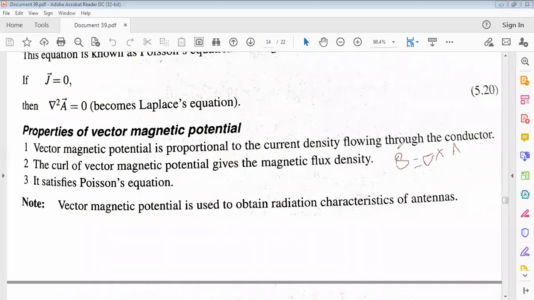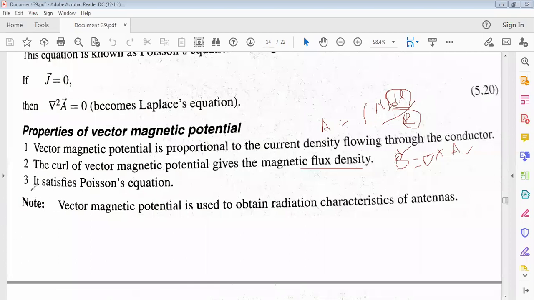The magnetic flux density equals the curl of the vector magnetic potential. That is the second property, and the first property is A equal to integral of mu into IDL by R. It is proportional to IDL and inversely proportional to R. The vector magnetic potential is proportional to the current density flowing through the conductor.